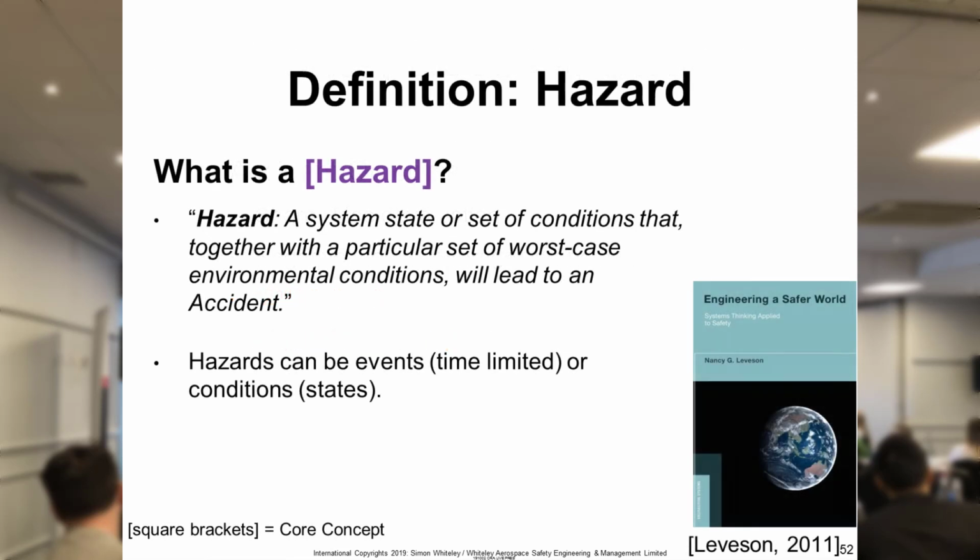Now, before we move on, I just need to make a point here. I'm sure you've all had endless conversations about what's a hazard. Does that sound like conversations you've had? How do we define hazards? When we're talking about doing a STAMP-based safety assessment, whether it's STPA or CAST, we're using a very specific, constrained definition of a hazard.